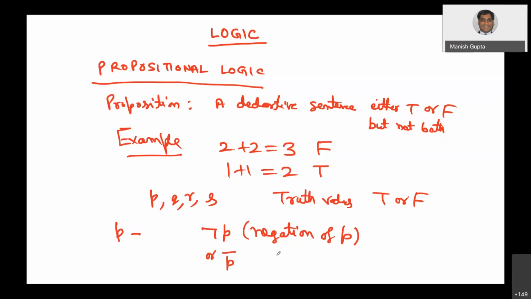That means it is not the case that P, or simply not P. The truth value of the negation of P is the opposite of the truth value of P.